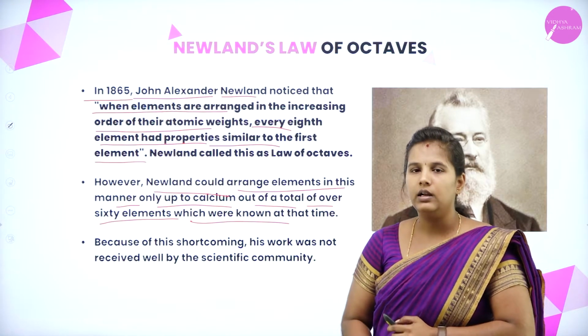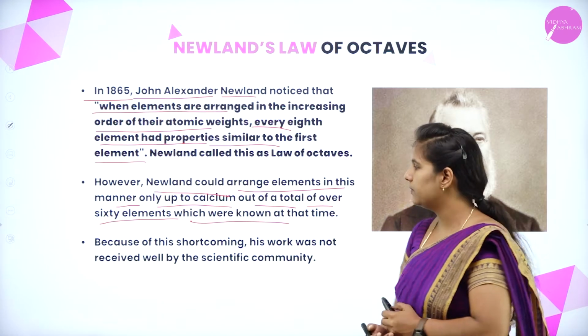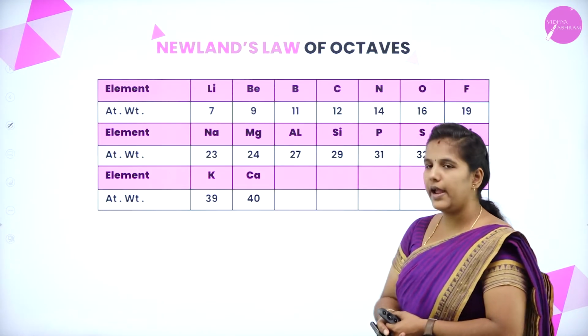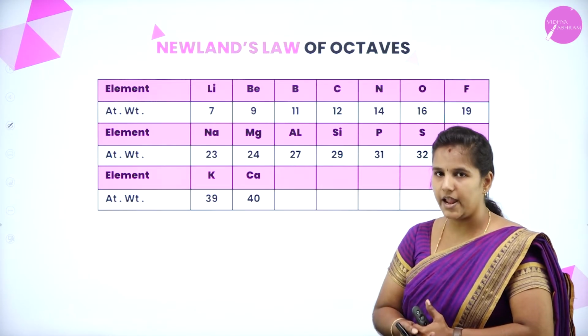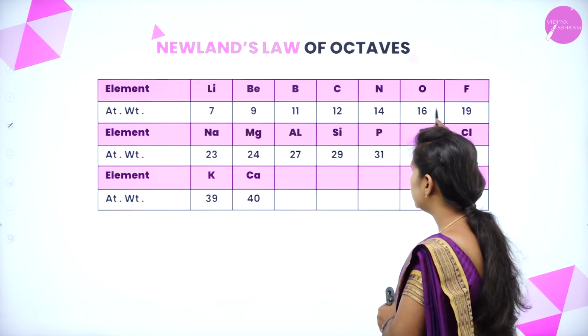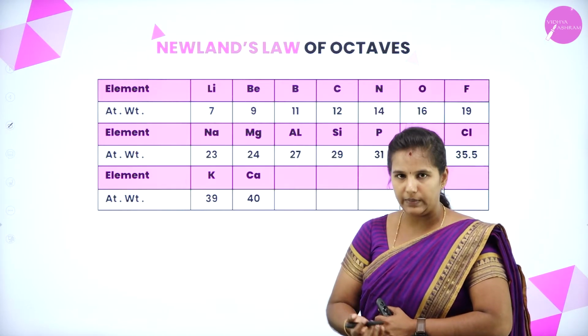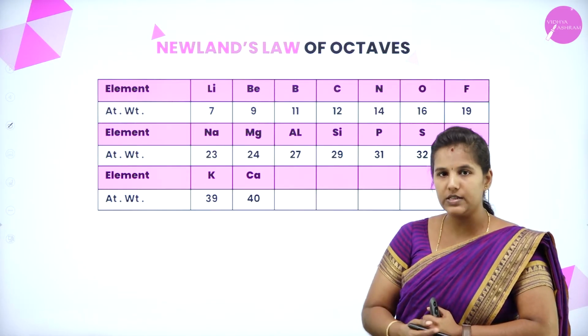Let's see with the table, then we will understand how the elements are arranged. This is Newlands' law of octaves. According to that, when he arranged the elements in increasing order of their atomic mass, every eighth element should have the same properties as the first element.